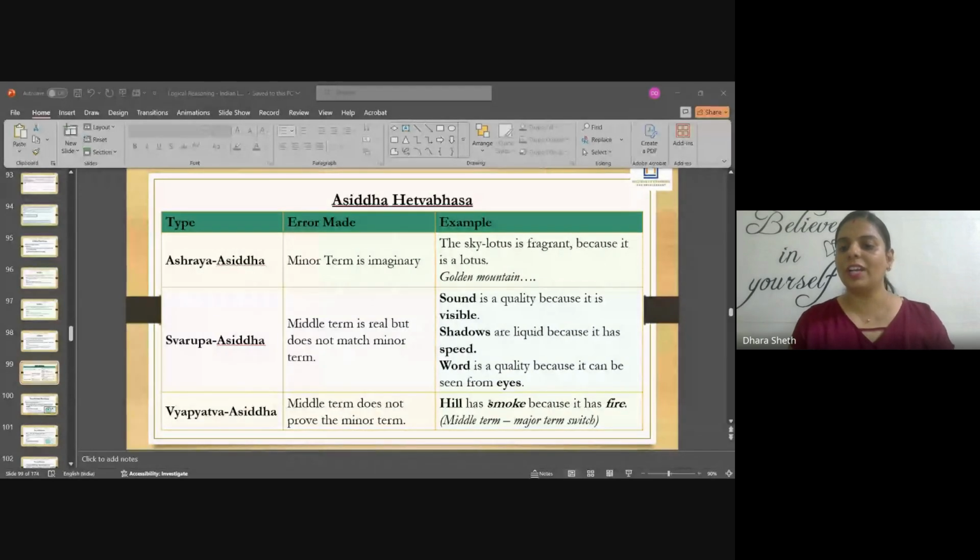And for hill, smoke and fire, please read the sequence of the words, whether the fire comes first or whether the smoke comes first. Clear with these three? My dear students have stopped responding. Thank you.